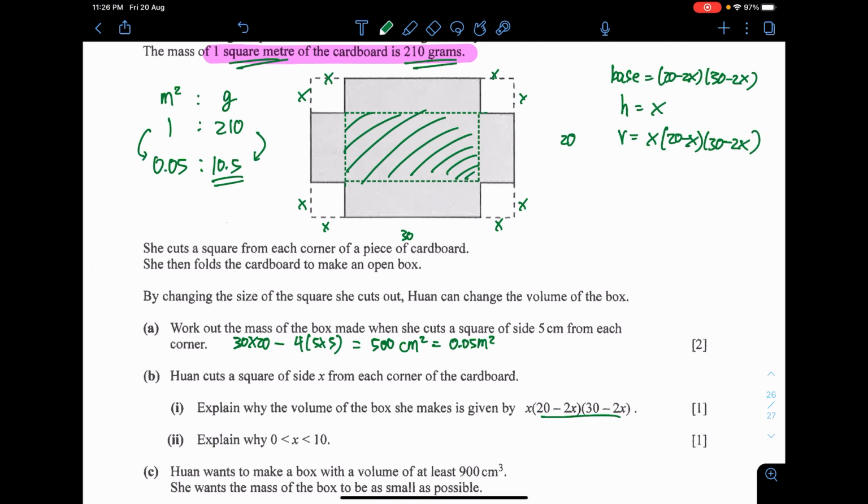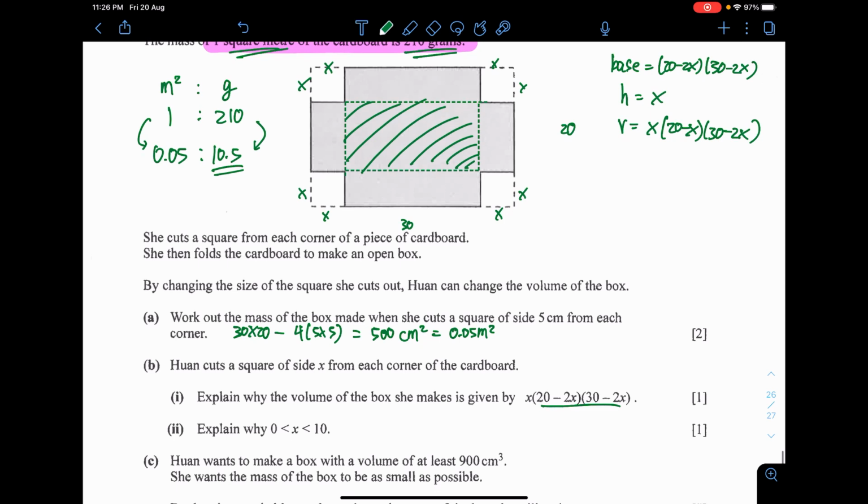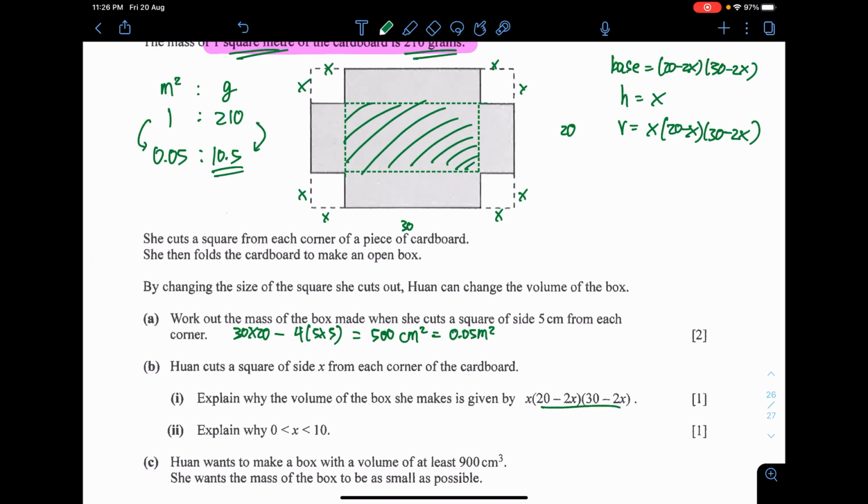Next, explain why x must be between 0 and 10. It's quite understandable because the width of the rectangle is actually 20. If you cut more than 10, then there is nothing left. You got negative. You can also say that the width of this rectangle is 20 minus 2x.